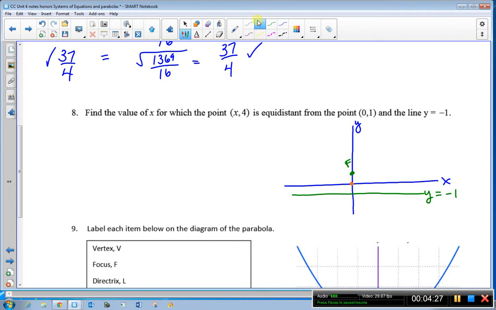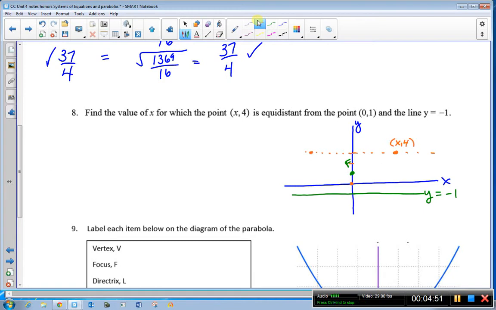But I'm looking for the value of x for which the point is (x, 4). So I need to go over x and up 4. So 1, 2, 3, 4. So somewhere along here, this point is (x, 4).